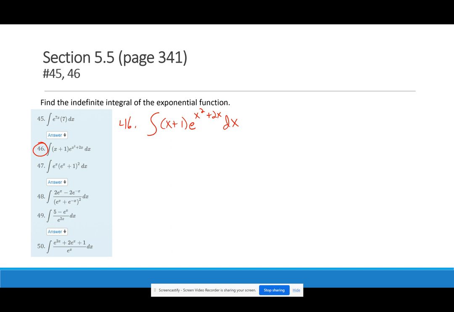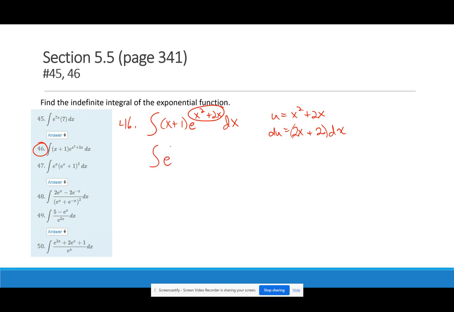Okay, so we're going to let u equal x squared plus 2x, which means du would equal 2x plus 2, okay, with dx at the end.